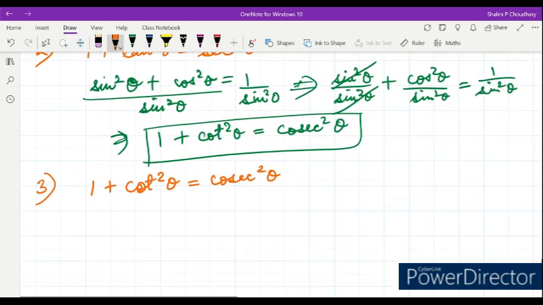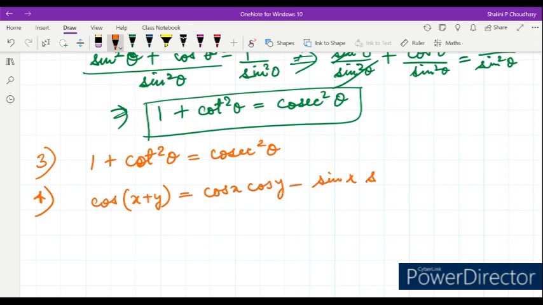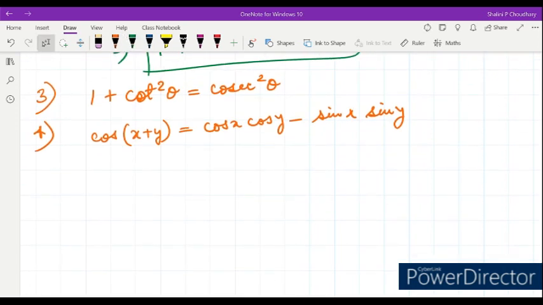Okay, now some more formulas are there, so I'm just writing the formula. Cos of x plus y will be equal to cos x cos y minus sin x sin y. Okay, so by using this formula we can also find out some values, like cos 2 theta. Cos 2 theta can be written as cos of theta plus theta, right?